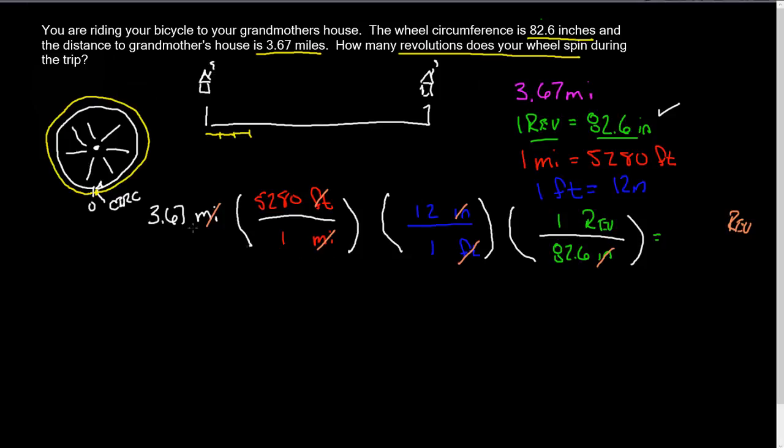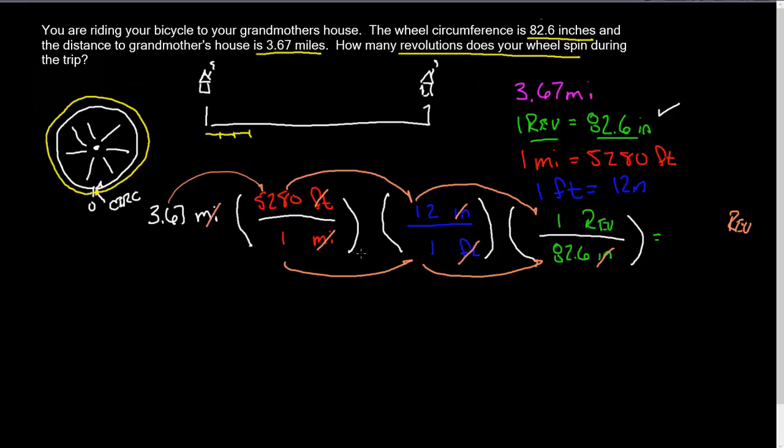Actually, let's back that up. Let's do the multiplication this way. I want to multiply 3.67 times 5,280 times 12 times 1, and then divide that by the numbers in my numerator. And that'll just be 82.6.